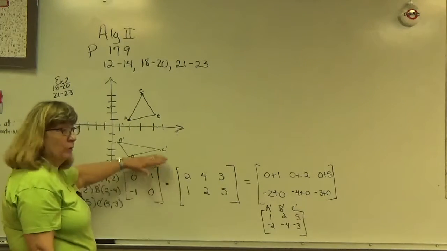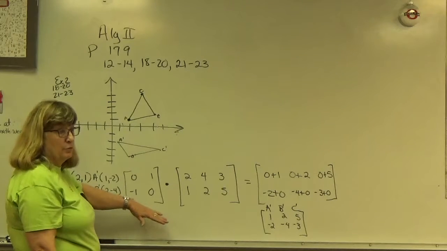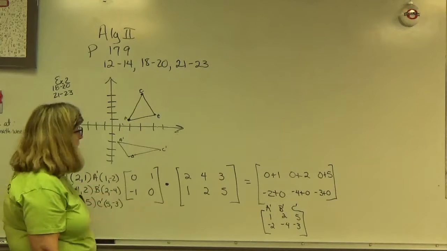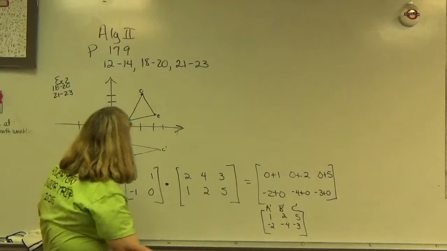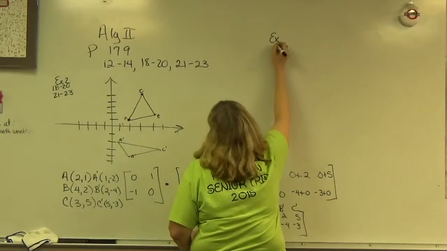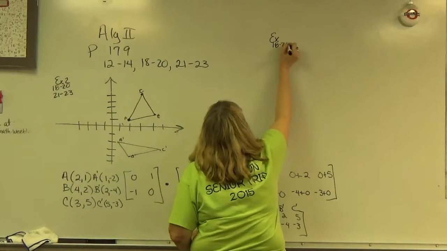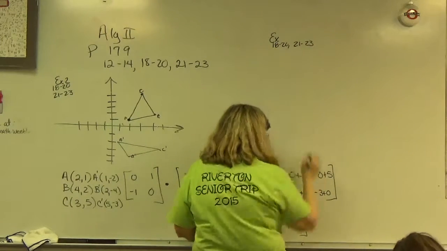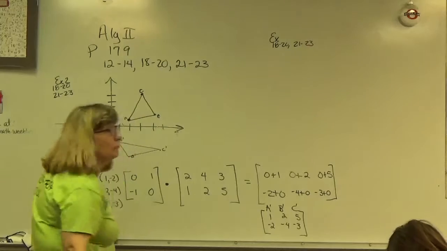Do you guys follow where we get this? It comes from our page of formulas. Okay? We can do another example. This one you don't need to write down, we'll just make it up. So this is an example again of 18 through 20 and 21 through 23. Let's do a reflection.